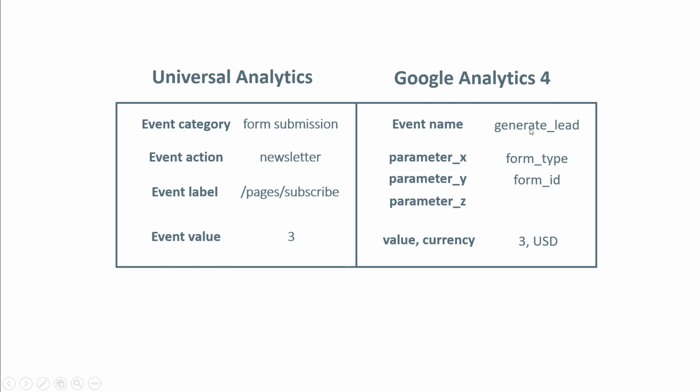For example, if someone submits a form and you send 10 very unique parameters that are named specifically for form tracking, like form ID, form type, form name, maybe something else, and then for some other events you use 10 other parameter names, then you will eventually, pretty quickly, exceed your limit of 50 custom dimensions. So in this case, you are forced to plan more ahead in order to unify your naming convention. And I will talk a bit more about that a little later.